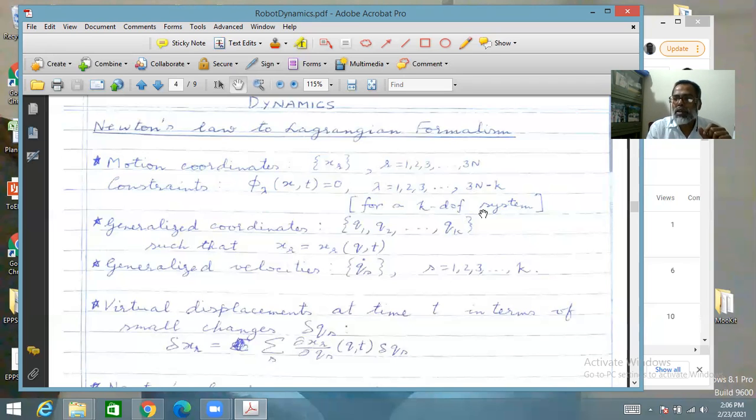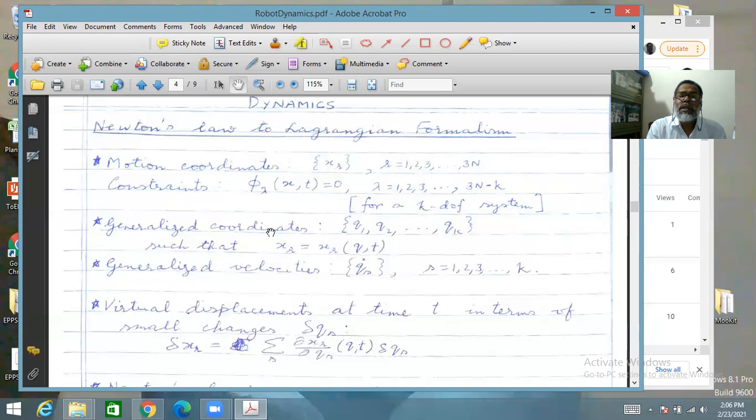So if you are talking about a 6 degree of freedom system, then among the 3n motion coordinates, there will be 3n minus 6 constraints. So the remaining 6 variables will be free, and motion will be possible. Okay. So those are the relative motions which are possible, where such constraints do not apply.